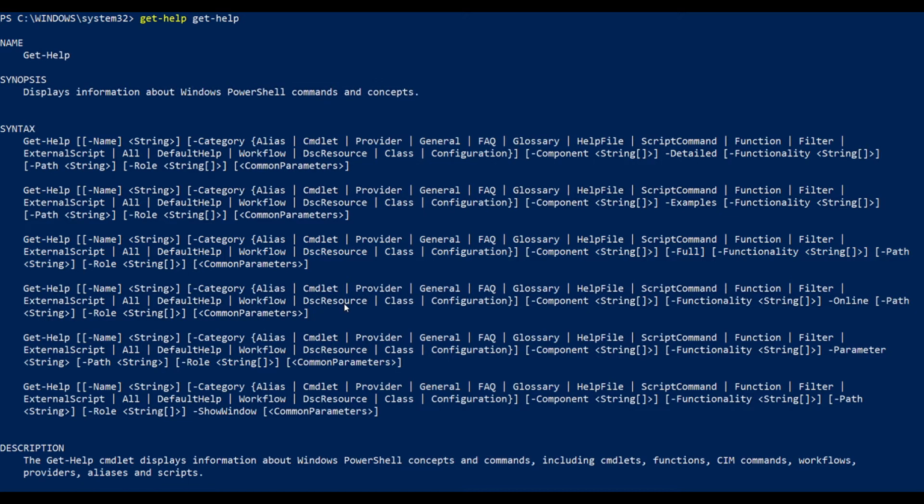In the syntax, you can see there are multiple syntaxes given for the Get-Help command. So why multiple syntaxes? First of all, why don't we use a single syntax to get the desired information? In this syntax block, all these syntaxes are called parameter sets.